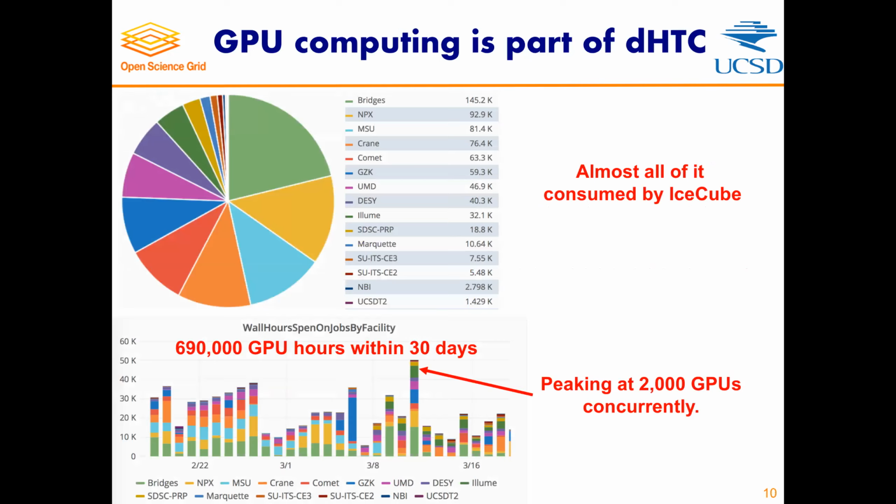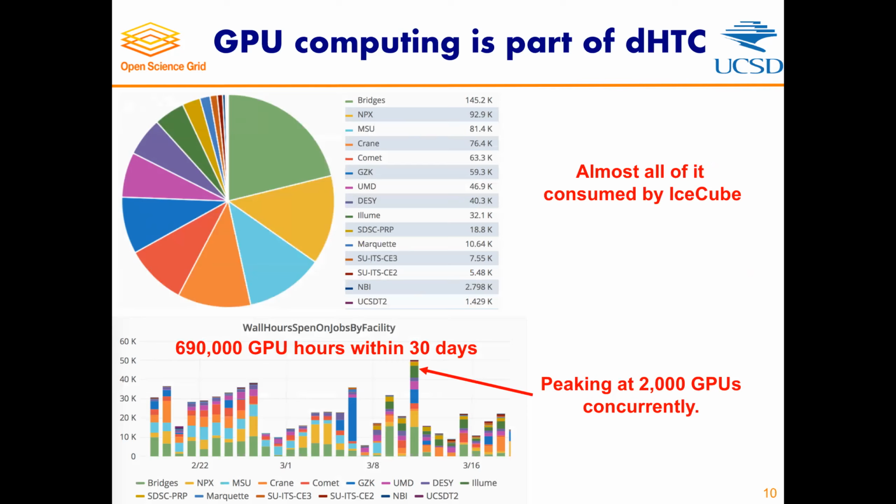I want to make sure that everybody understands that GPU computing is part of dHTC. That wasn't always the case. We've learned within the last, I think, probably 3-4 years, from small beginnings to now large-scale production, that GPUs are just no different. In fact, the standard node deployment that we have, where we have GPUs, is 8 GPUs per node, so anything up to 8-way parallel GPU use is possible on OSG.